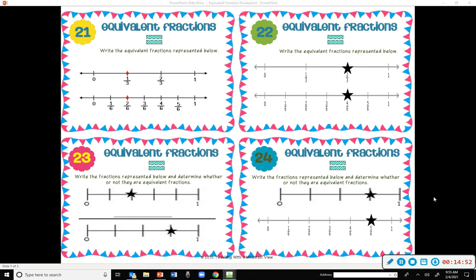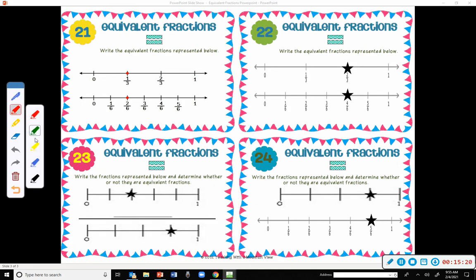Last but not least, number line. We said when we took our notes, to be able to tell if two fractions are equal on a number line, they have to line up, right? So all you need to do on this one is follow the dots or the stars and see if they match up. Kind of like what we did with the fraction strips. We had to see if they matched up. Okay? So let's look at 21 together.